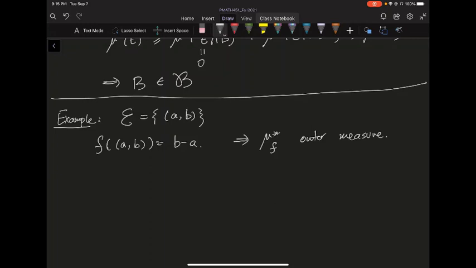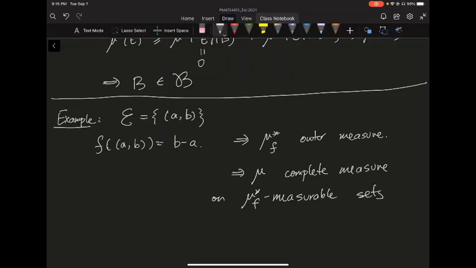And then you use this Carathéodory theorem. You get a mu, which is a complete measure, on the mu star_F measurable sets. And the mu star measurable sets is basically the Lebesgue measure on the real line.